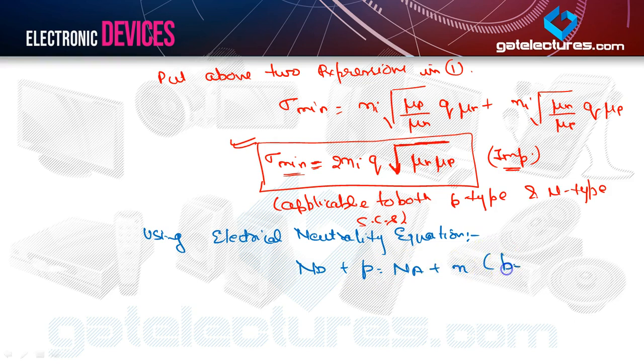By default we are considering Na equal to 0 because it is an n-type semiconductor. So we get Nd is equal to n minus p.